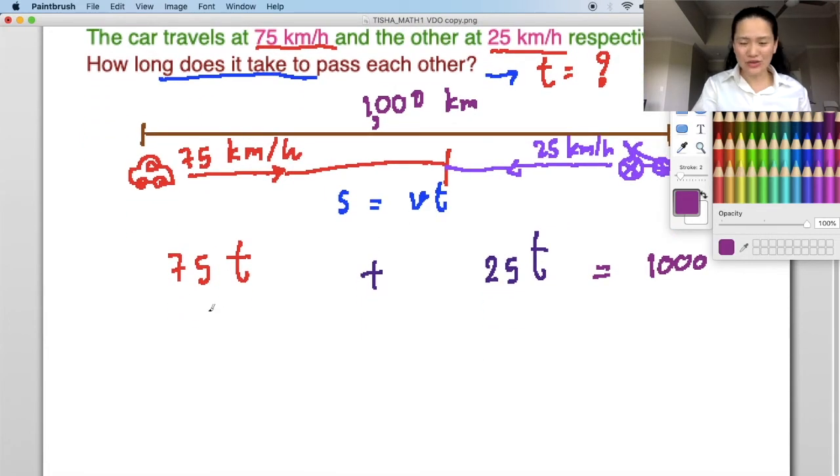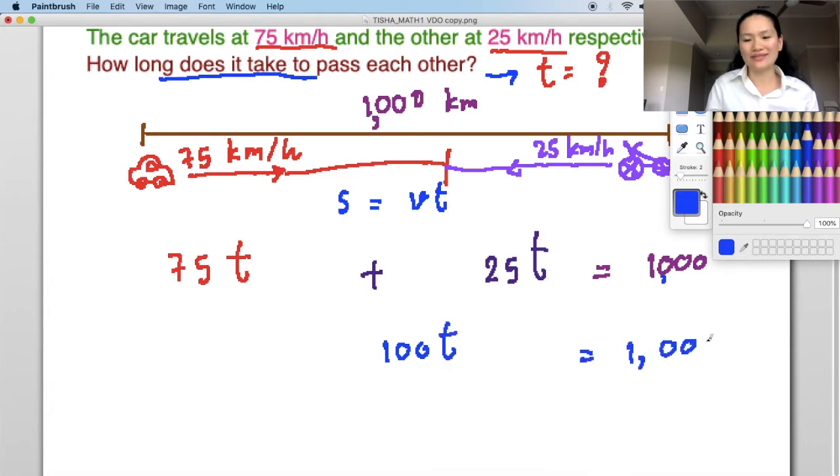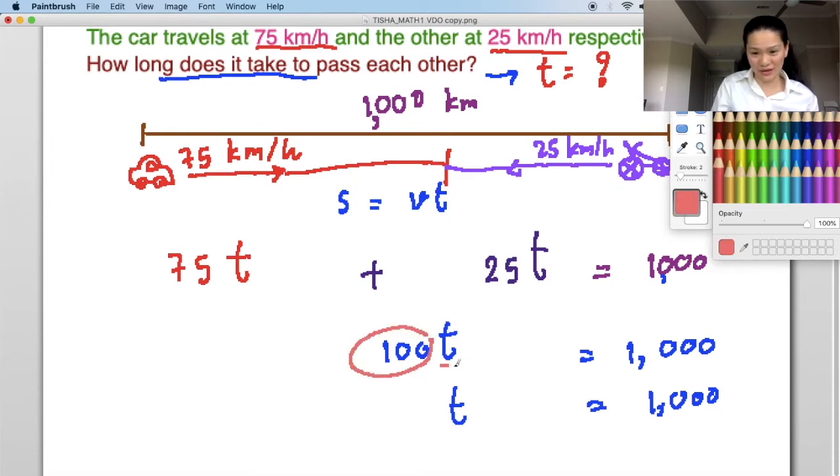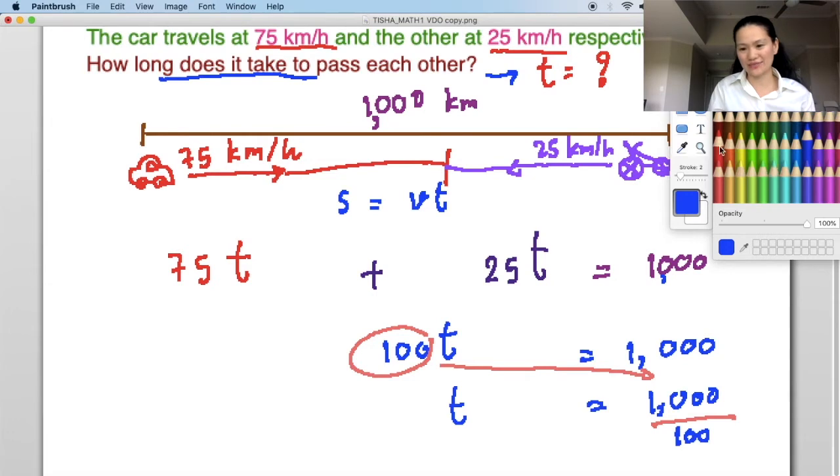When you set up the equation, 75t plus 25t equals 100t, and it equals 1,000 kilometers. So 100t equals 1,000. Do you remember how to solve the equation? When it's multiplied, you move to the other side, and multiply tends to become divide. So it's divided by 100.